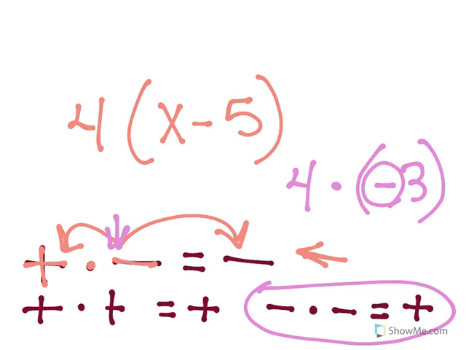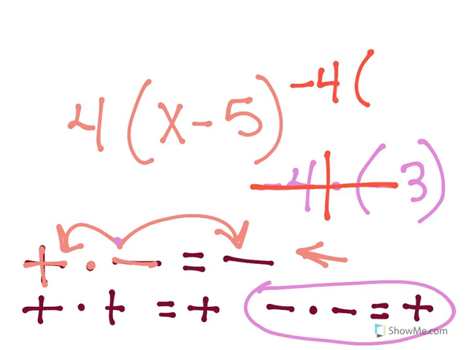Ooh, that's going to turn negative because we don't write positive. We just know it's positive. Okay, but if we look at two negatives, I always say, ooh, I'd really like to connect those, and it makes it a positive. So negative 4 times negative 3 would equal positive 12.